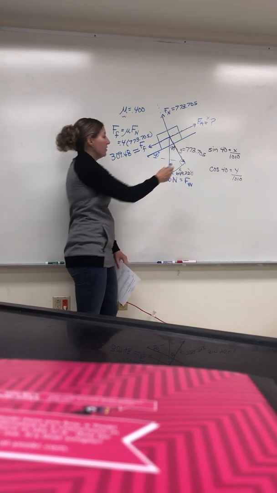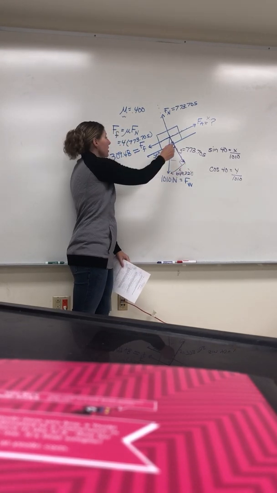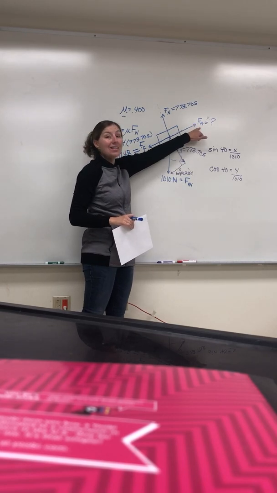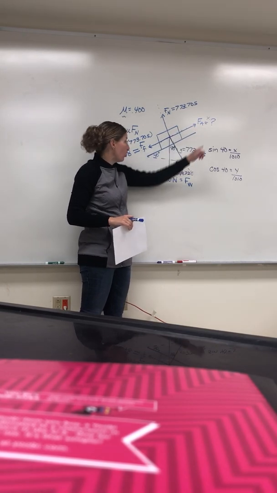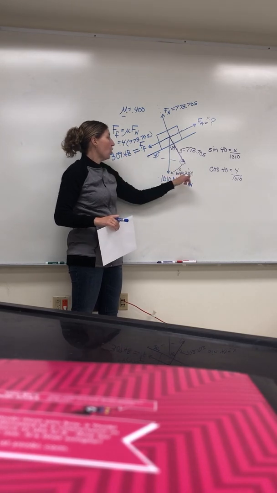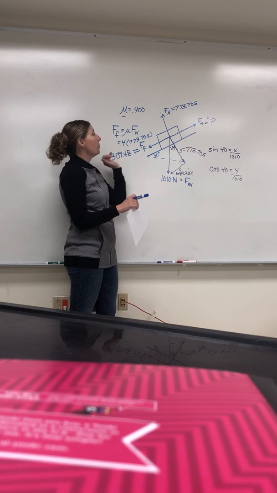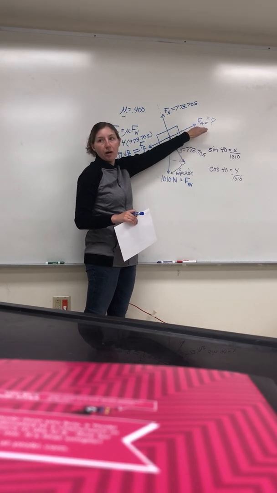So now I have down the ramp 649, down the ramp 309. If I want to pull this up the ramp at a constant speed, I need to oppose both those forces. And so down the ramp 649 plus down the ramp 309 must equal my pull up the ramp.